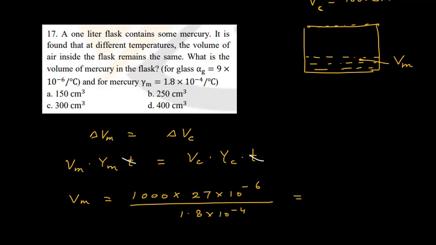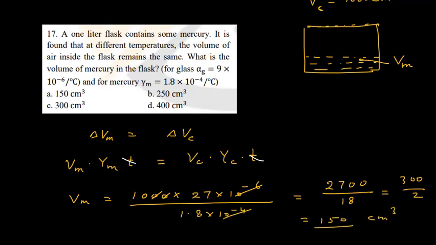So this calculation will give me a result of say this 10 power minus 4, and this will cancel with this 20. So it is 270, 27, 10 I will increase, and here it will be 18. So 9 3 is 27 divided by 2. So it is 150 centimeter cube. So volume of mercury is 150 centimeter cube, right?